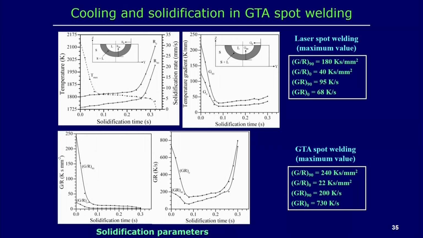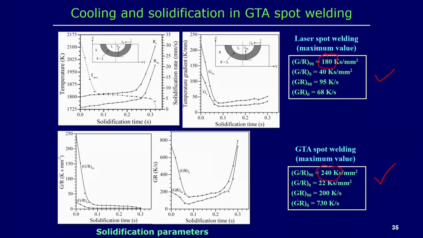Similar calculation of cooling and solidification in GTA spot welding can also be done. If we look into this comparison of G by R, the solidification parameter, in the GTA spot welding process G by R is very high, high as compared to the laser spot welding process.